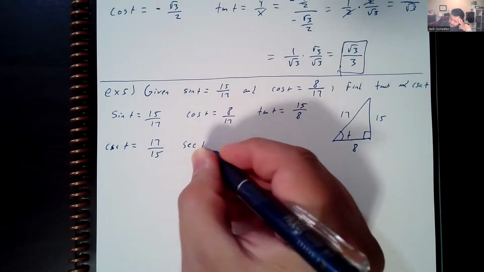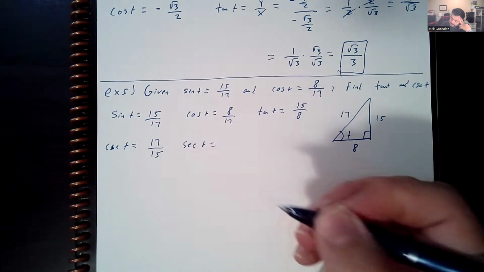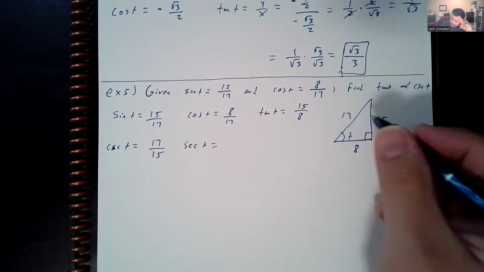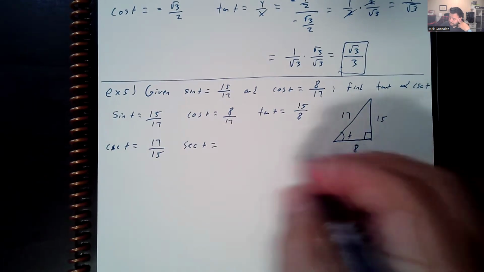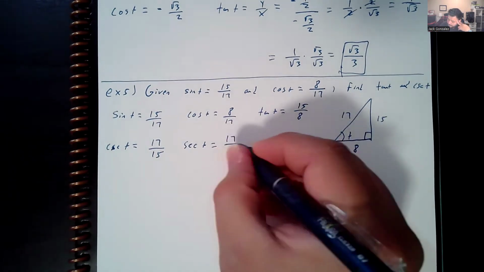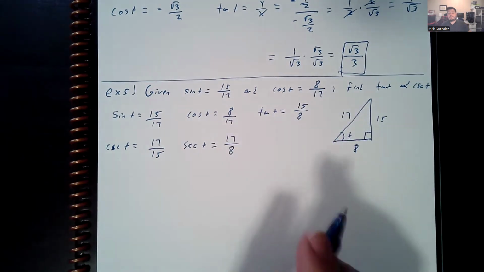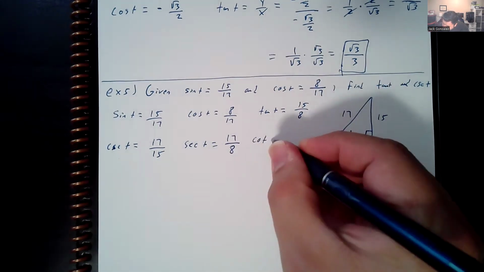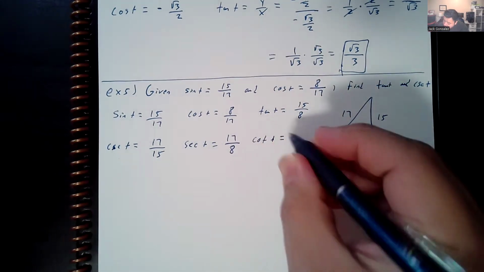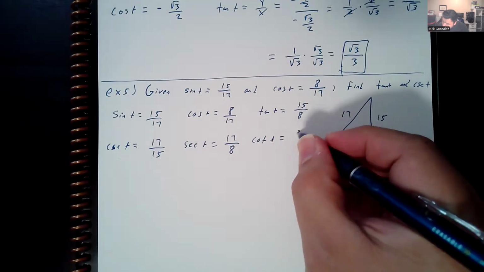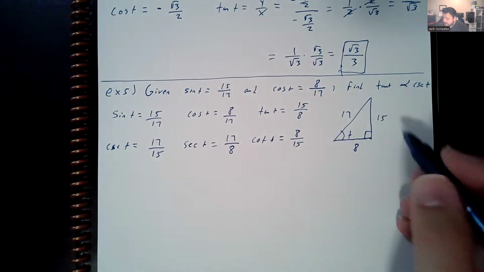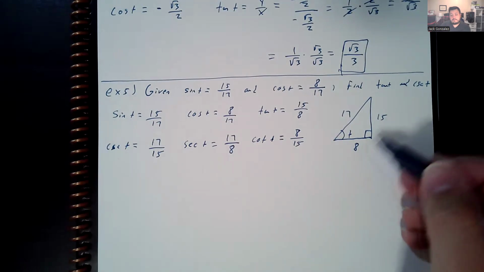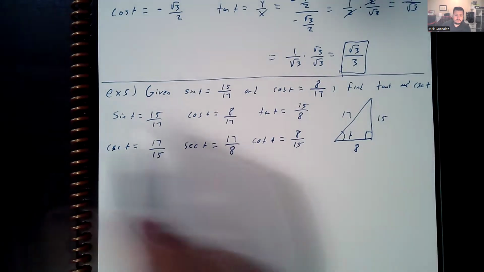Secant is a reciprocal of cosine. If you look at the formulas, hypotenuse over adjacent. In other words, just flip over cosine. When I say flip, take the reciprocal. Cotangent t would be the reciprocal of this one. Adjacent over opposite. So when you have the triangle, you can find all six.